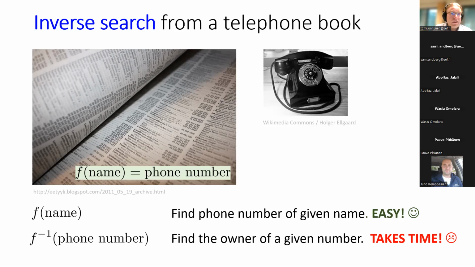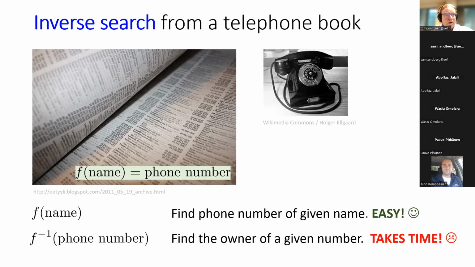This is easy because the book comes in sorted order according to the alphabetical listing. But the inverse problem is much harder. If someone gives you a phone number and asks who is the owner of that number, you are in trouble, because with brute force searching you cannot do anything else except look for the numbers one by one, and once you find it, you hope that's the name that corresponds to the given number.